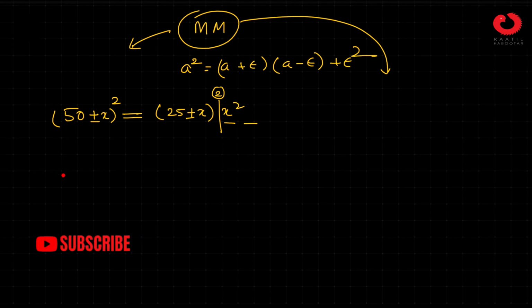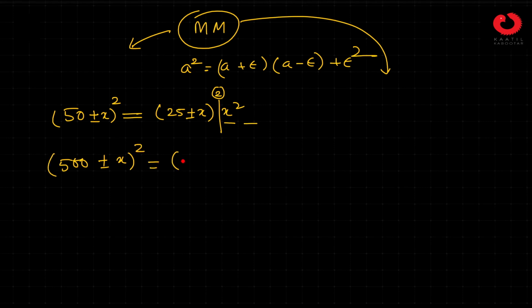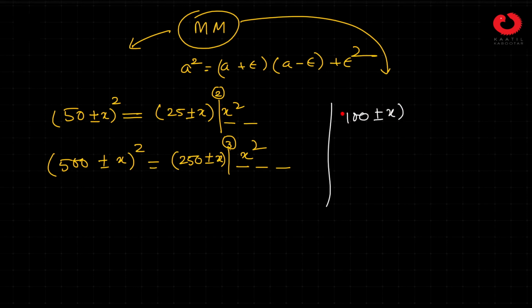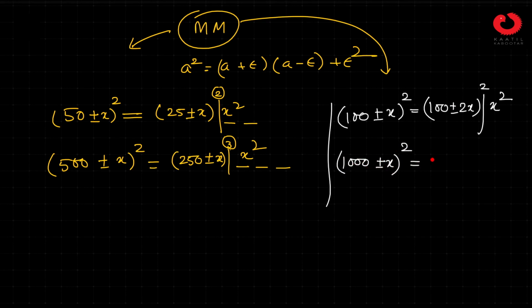The same can be extended by one more step to around 500: (500 plus minus x) whole square is 250 plus minus x, then 3 digits, and x square. This 3 means there will be 3 digits on the right hand side. Then the same logic we used for (100 plus minus x) whole square as 100 plus minus 2x, with 2 digits over here for x square, and the same logic can be extended for 1000 also: (1000 plus minus x) whole square is equal to 1000 plus or minus 2x, then 3 digits for x square.